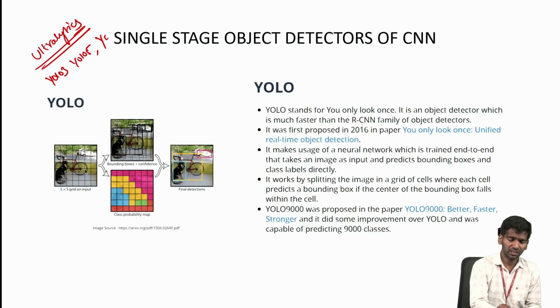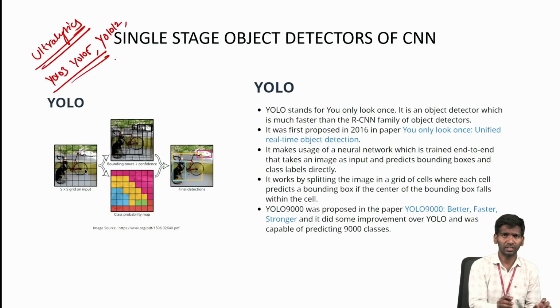I think the latest most-used version is YOLO 12. YOLO 14 and YOLO 15 also came, I think; we need to check it. Ultralytics provides all these algorithms, so you can extract this YOLO algorithm from the Ultralytics website and use it for detecting objects.